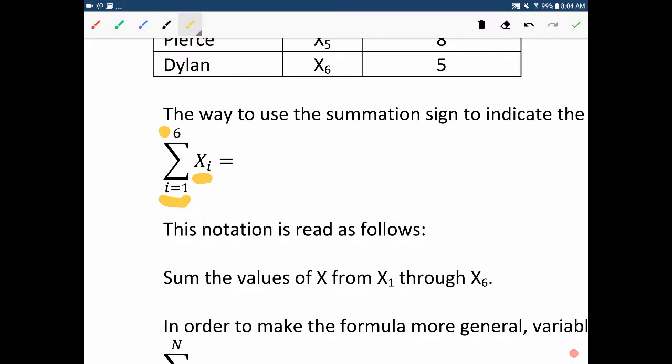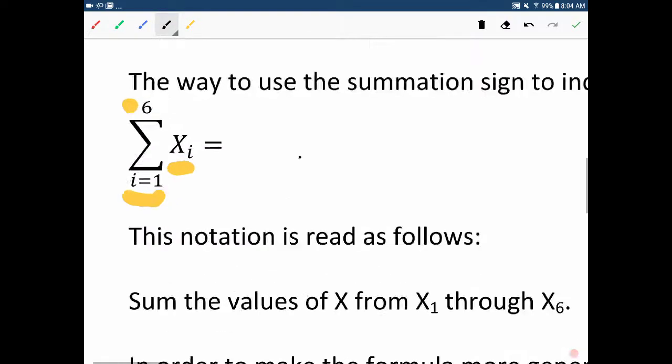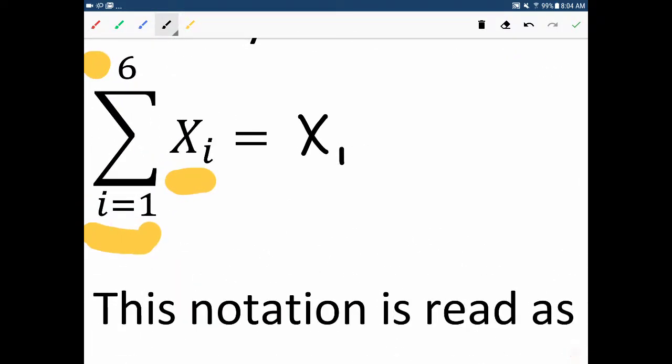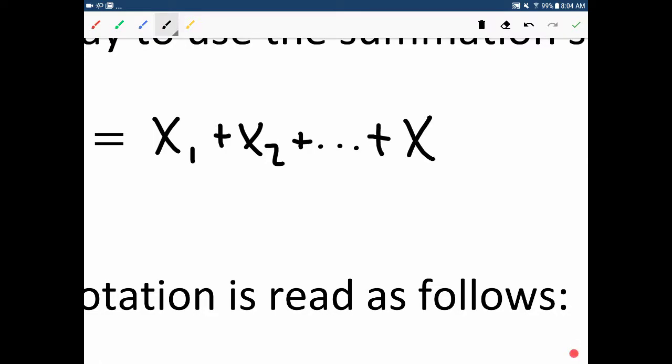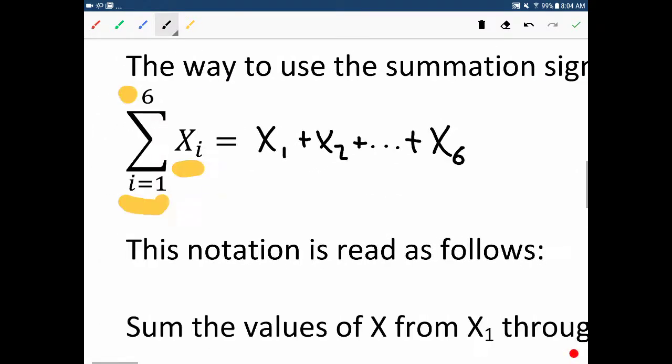In other words, it just means x1 plus x2 plus and so on, plus x6, which is fairly straightforward.